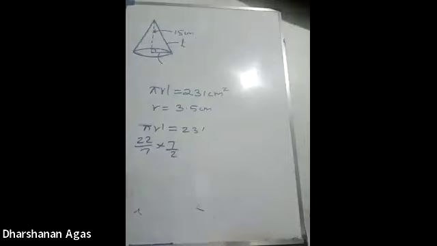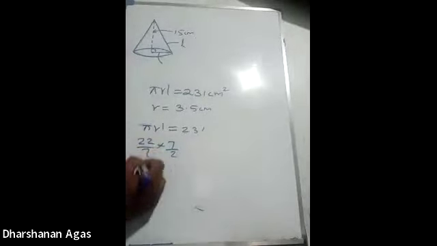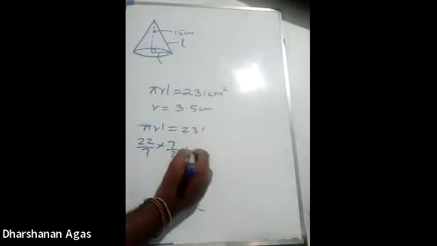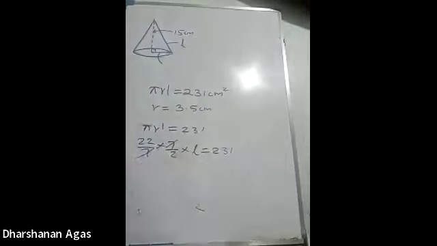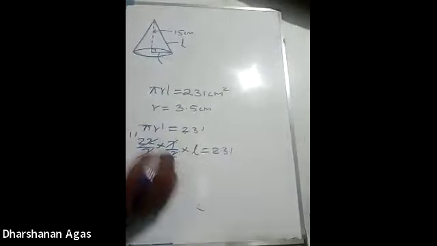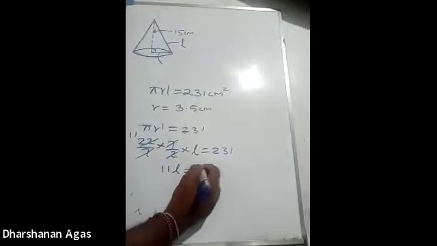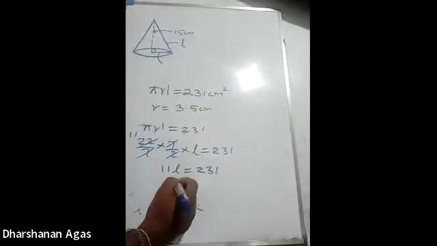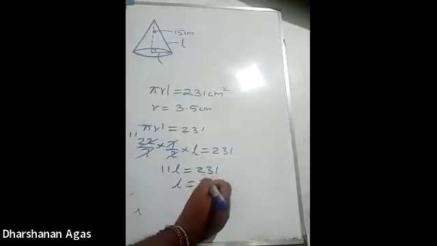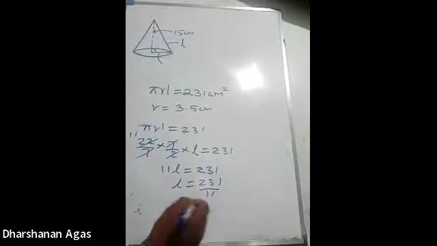It is easy to simplify because 22 by 2 you can do, and 7 and 7 you can cancel. 7 and 7 divided, 22 divided by 2 is 11. So 11 L equals 231, L equals 231 divided by 11.